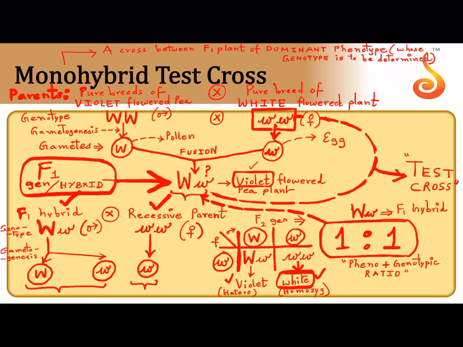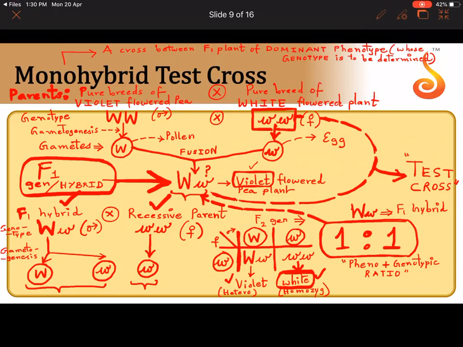So remember, I'm repeating again, a cross between F1 plant of dominant phenotype violet, whose genotype you don't know and is to be determined, and a cross between this plant and its what parent? Recessive parent, small w. See, this is the meaning of a test cross.